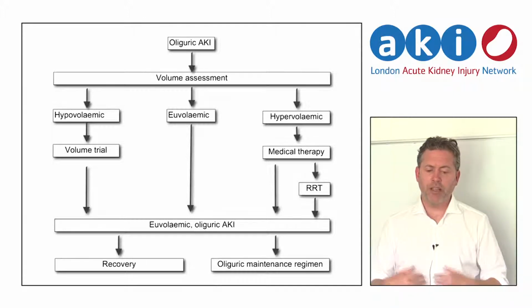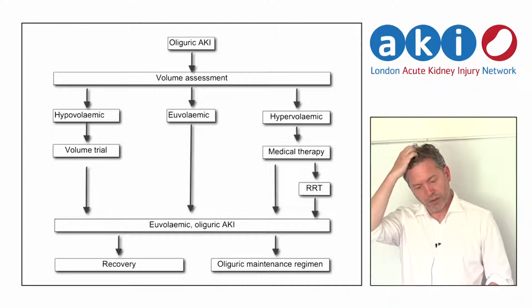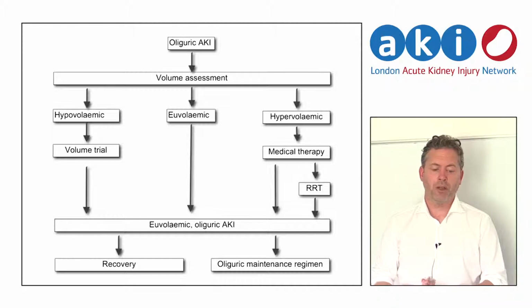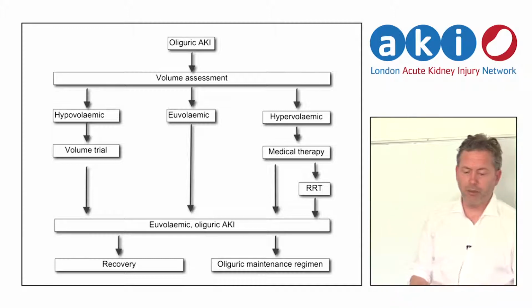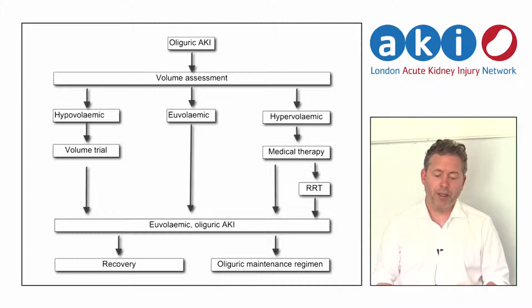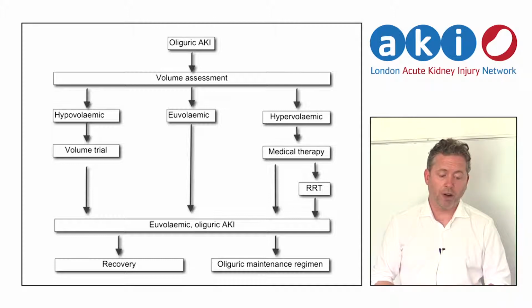If we take oliguric AKI, we will usually have to make some form of volume assessment. We can say a patient, we hope, is either hypovolemic, euvolemic or hypervolemic. If they're euvolemic, then they are managed in accordance with our thinking on euvolemic oliguric AKI. They have maintenance fluids. If they are hypovolemic, clearly they need a volume trial.